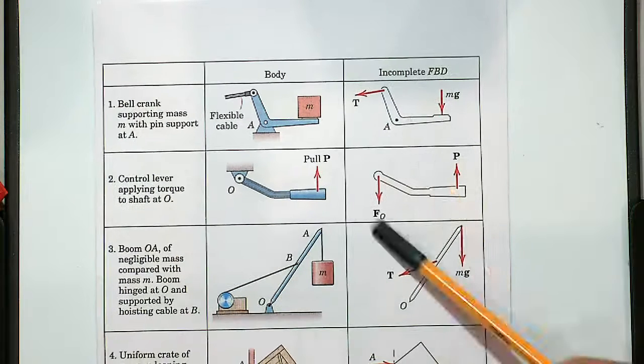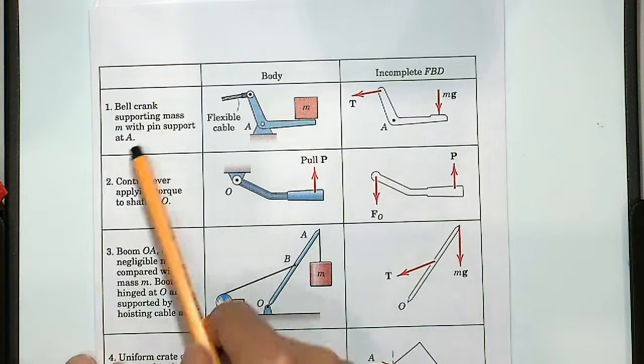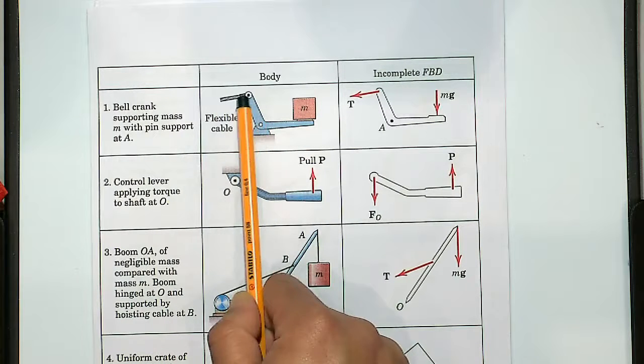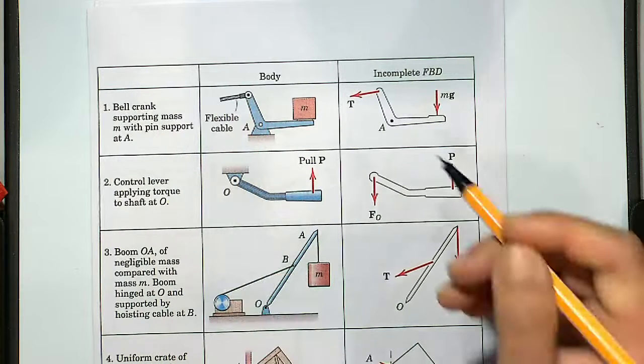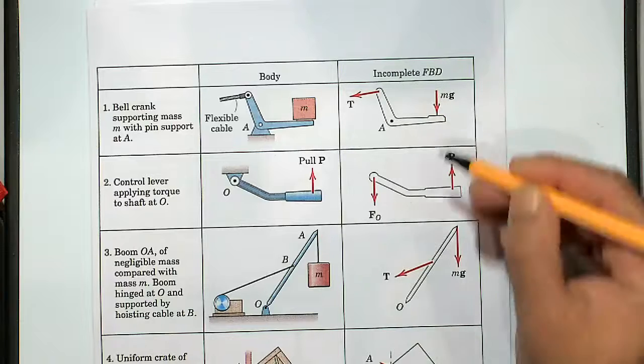So this diagram shows what they call an incomplete free body diagram. The first one has a bell crank supporting a mass M with a pin support at A, and a flexible cable is pulling it in this direction. The weight of the block is given as mg.